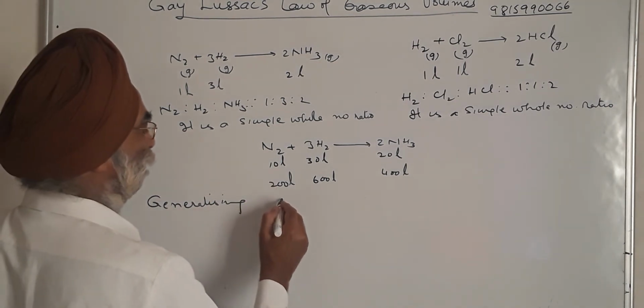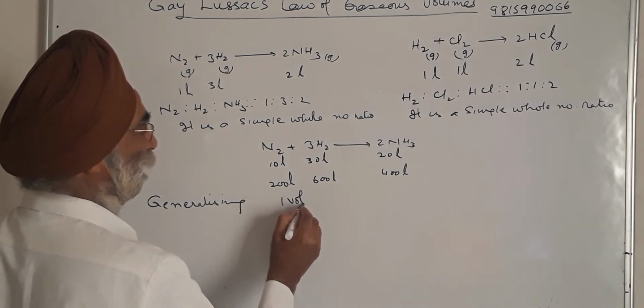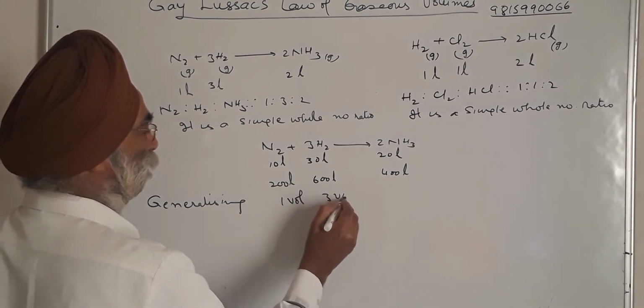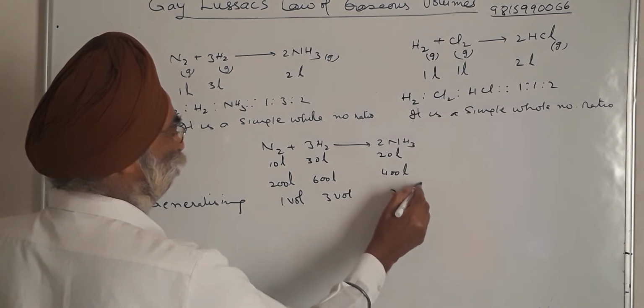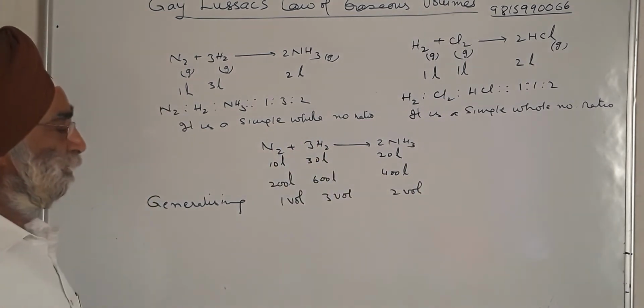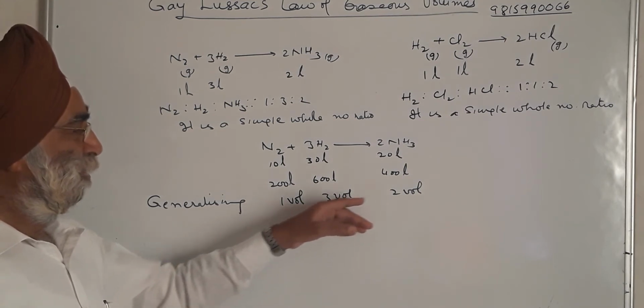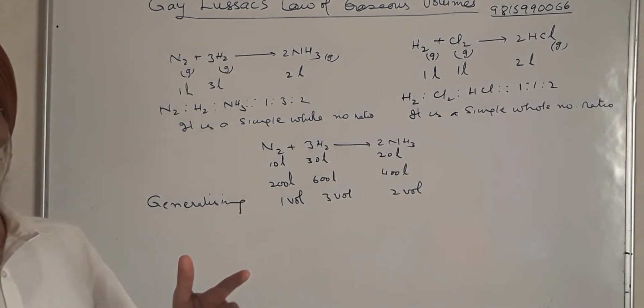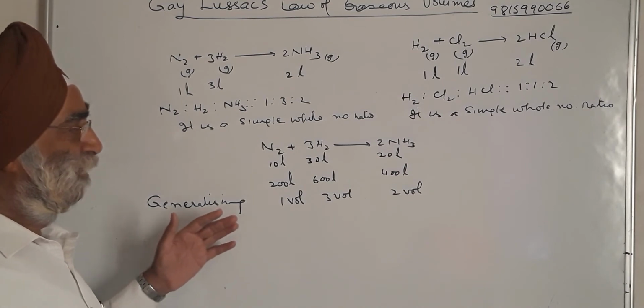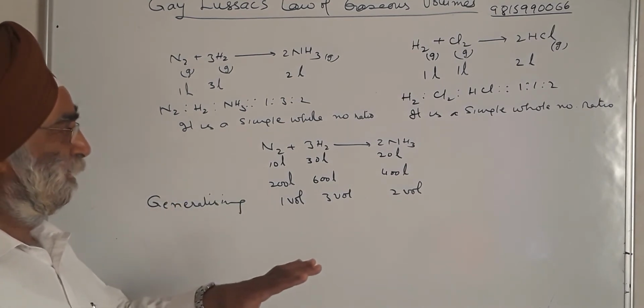So we write 1 volume, 3 volumes, and 2 volumes. If we had directly started with 1 volume, 3 volumes, 2 volumes, it would have taken some time for you to grasp it.